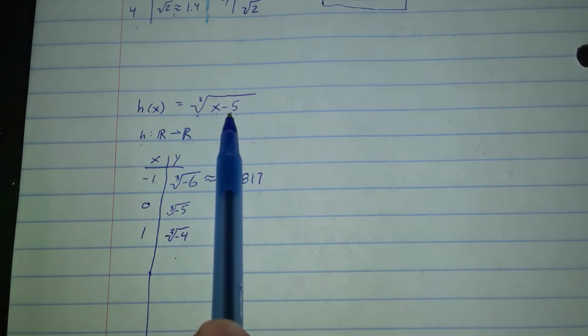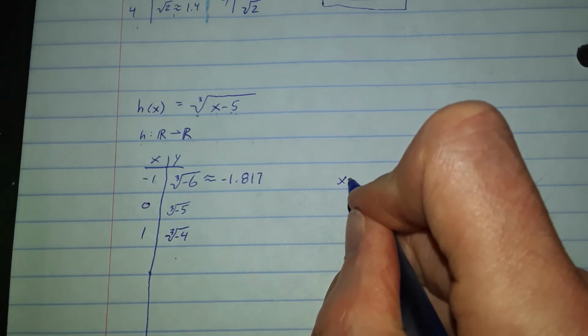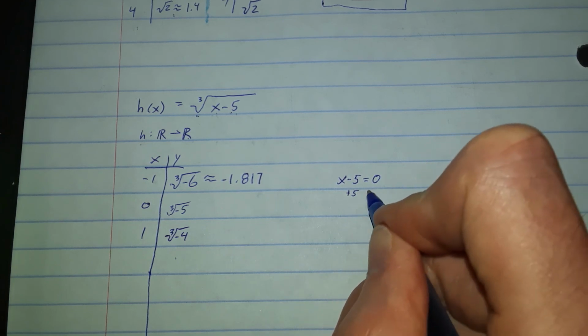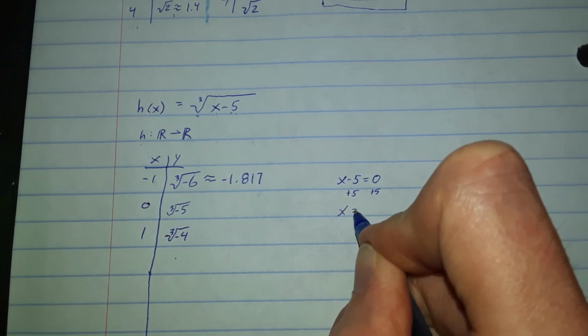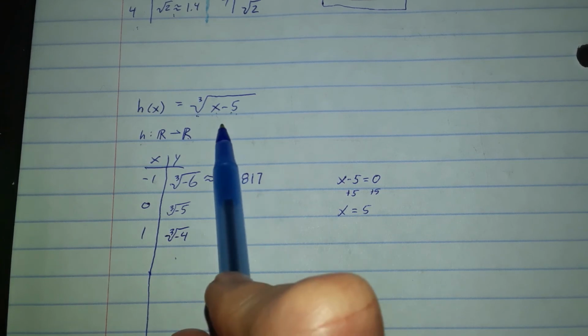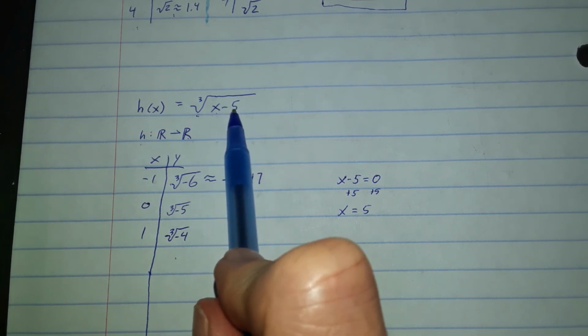One other thing we might discuss is, is there anything special that happens when I cause this cube root to go to 0? So we can pull this off to the side and set it equal to 0 and solve for x and see what happens. So I'm going to add 5 to both sides, so I'm going to have x equals 5. If I plug 5 into here, I have 5 minus 5 is 0.